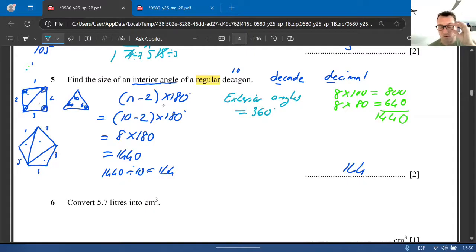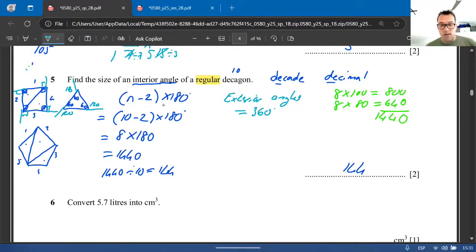Always. Look at the equilateral triangle here. Exterior will be 120, 120, 120. 120 times 3, 360. Look at the square. Exterior angle will be 90, 90, 90, 90. 90 times 4, 360. Always.